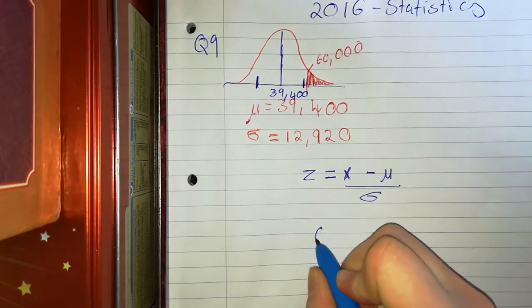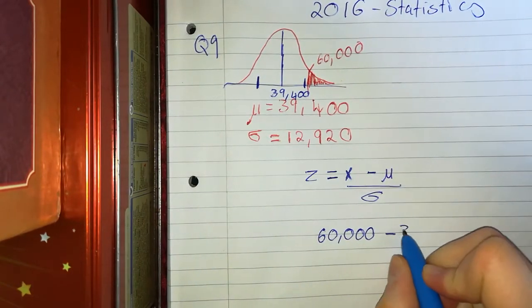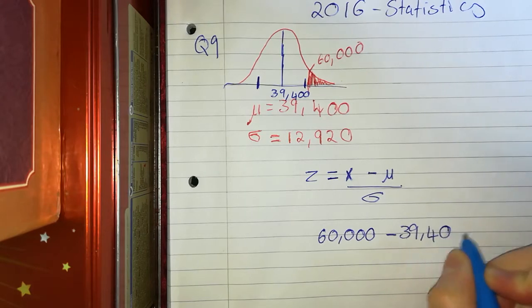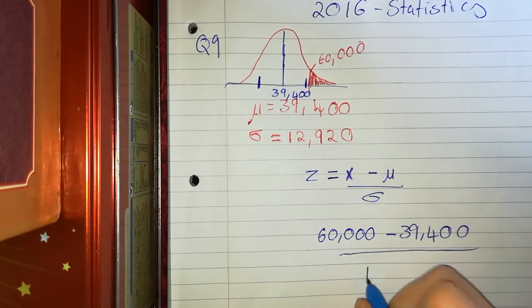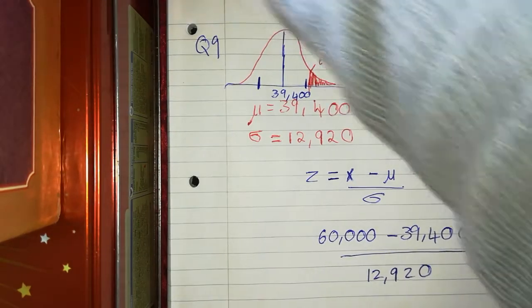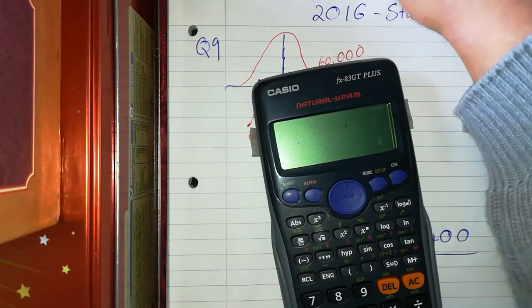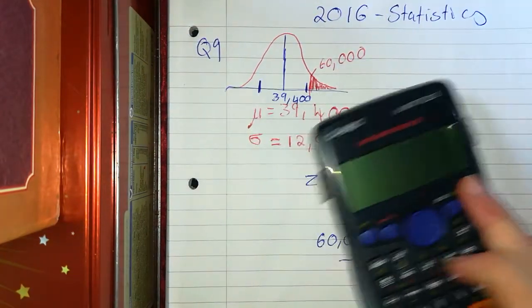So my X is going to be 60,000, and then my mean is 39,400, over my standard deviation, which is 12,920. Now I'm going to get my calculator and calculate my Z value.